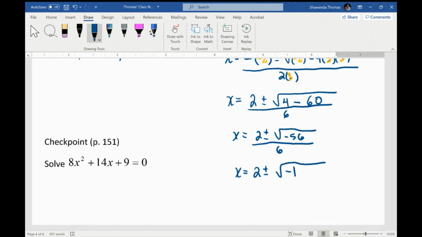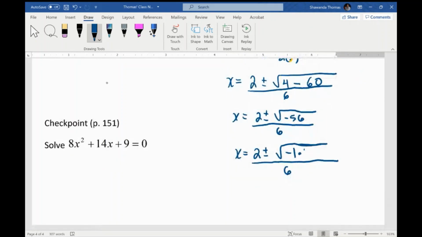So what is the perfect square factor in 56? You take your perfect squares and divide 56 by 4, 56 by 9, 56 by 16, 56 by 25. Which one of these perfect squares can divide into 56? 4.